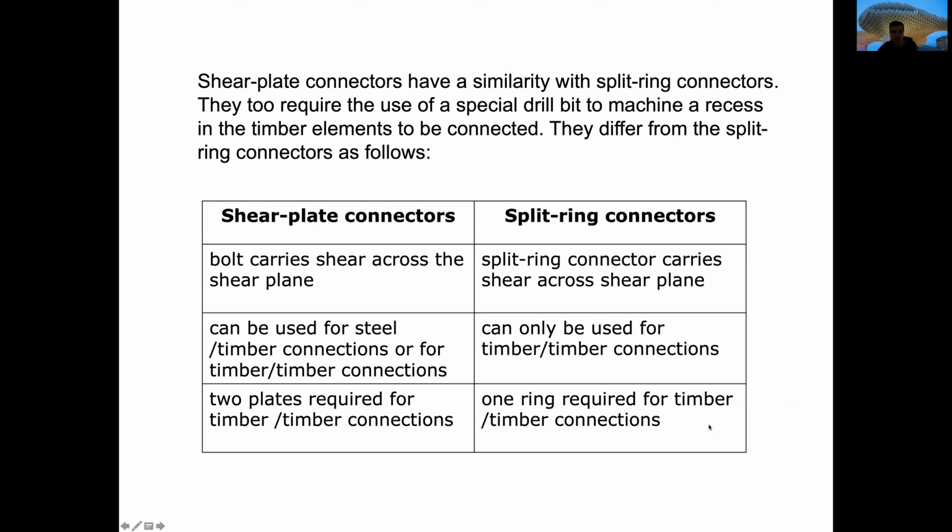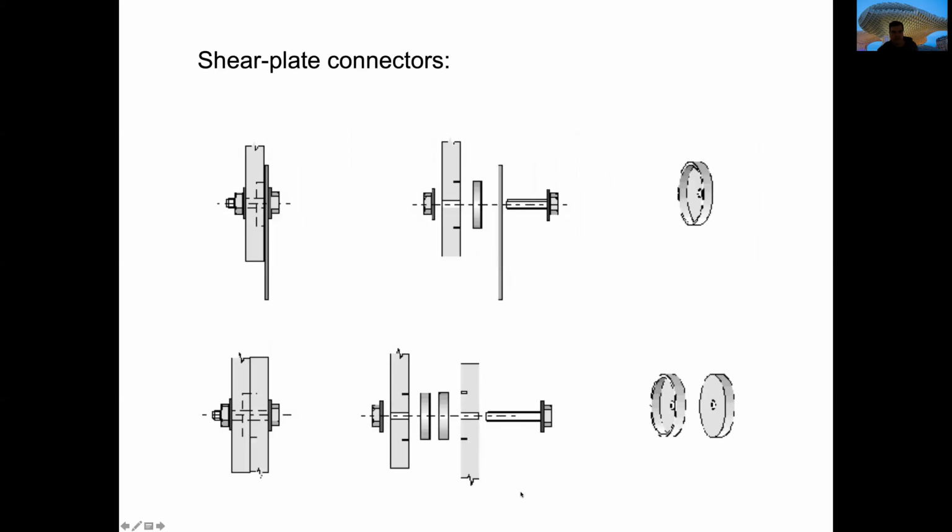Shear plate connectors are very similar to split ring connectors, but they also require a special drill bit to machine a recess in the timber in order to create that connection. We can look here at the difference between shear plate connectors and split ring connectors. Please study this information.